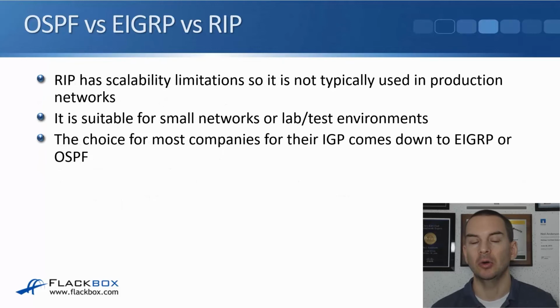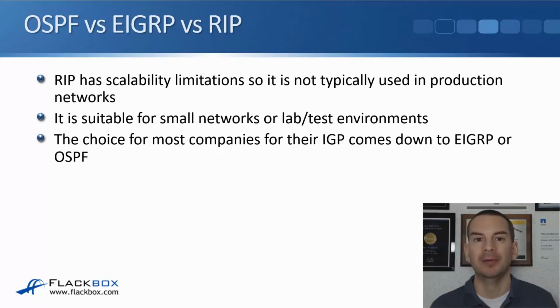Okay, comparing OSPF with RIP and EIGRP. RIP has scalability limitations that we discussed in the earlier lectures, so it's not typically used in production networks. It's suitable for very small production networks or for lab or test environments.